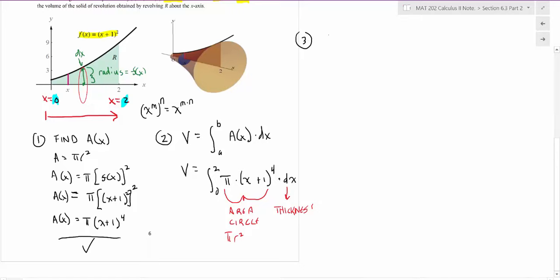Okay, so what I'm going to do is I'm going to bring the constant out. Pi is a constant, so that can come out in front of my integral. And then this is a good example of something you could do by u substitution. So I'm going to let u be that part. So at the side, I'm going to have u equals x plus 1.